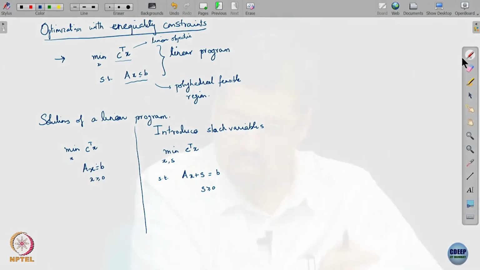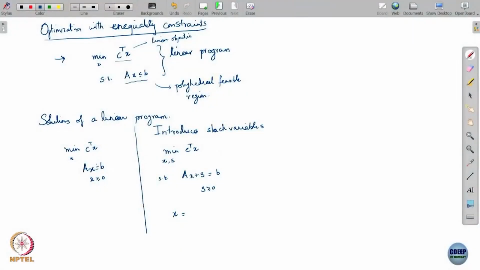One simple observation is that x is a real vector. It can have positive as well as negative components. Take any component of x, it is just a real number, positive, negative or 0, but every real number can be written as a difference of two non-negative numbers.